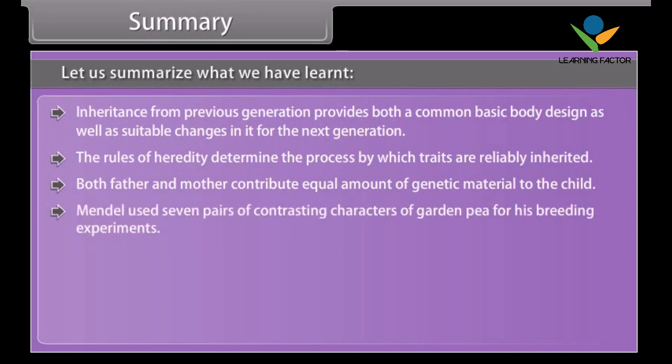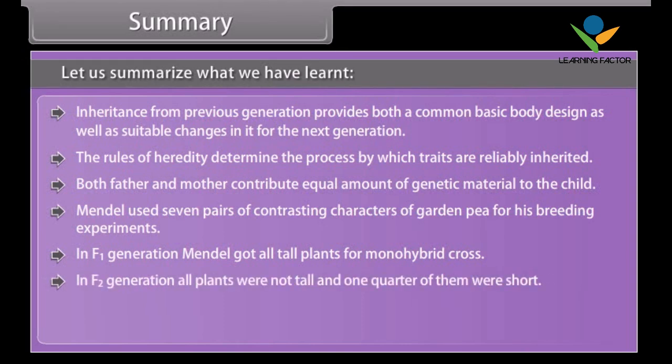Mendel used 7 pairs of contrasting characters of the garden pea for his breeding experiments. In the F1 generation, Mendel got all tall plants for a monohybrid cross. In the F2 generation, all plants were not tall and 1/4 of them were short.